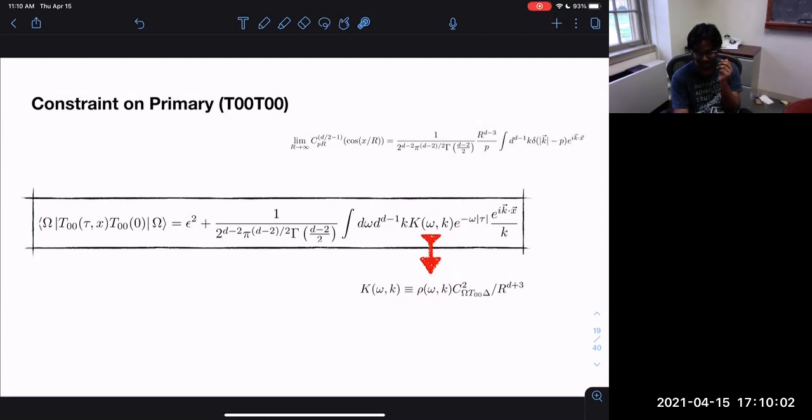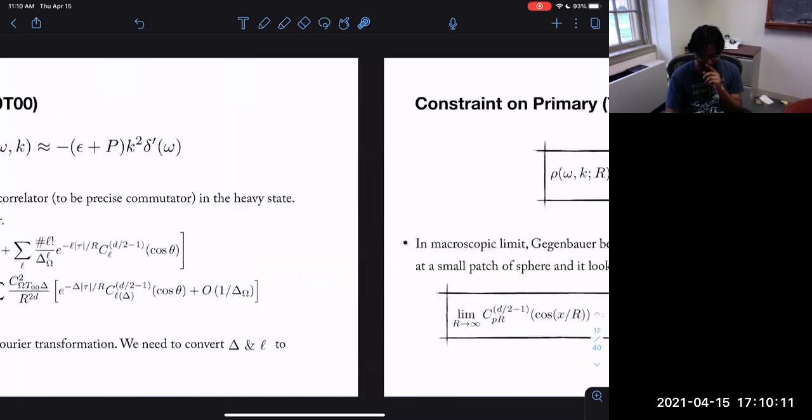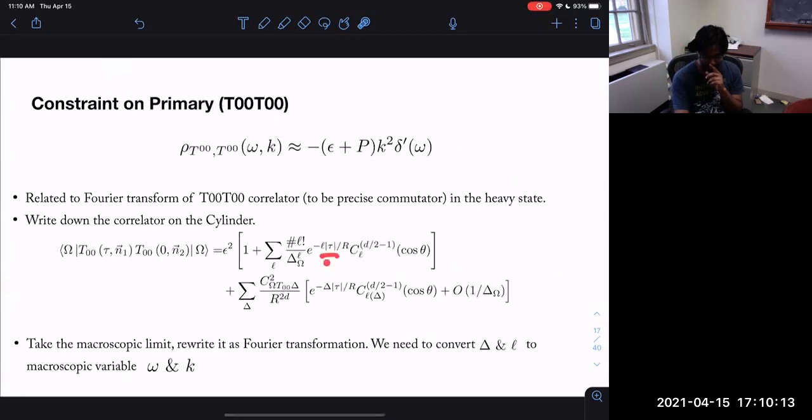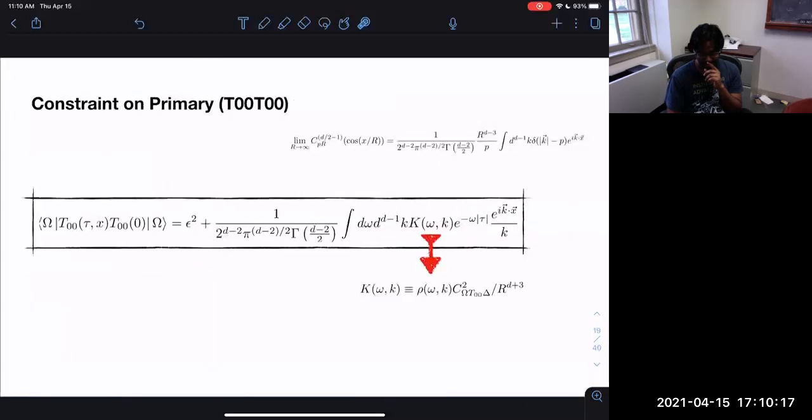And you can see that the Gegenbauer becomes the Fourier transformation. So this is e^{ikx}. And there was a power of e^{L tau over R}, or delta tau over R, which basically becomes e^{-omega tau}. So if you rotate to the Lorentzian signature, this precisely becomes the Fourier transformation we want.